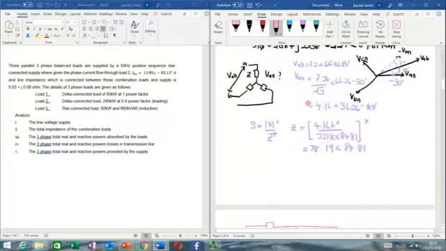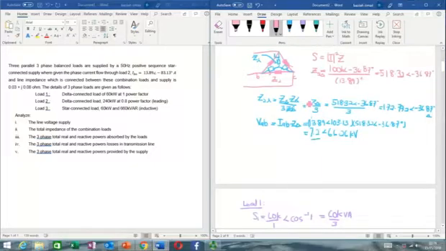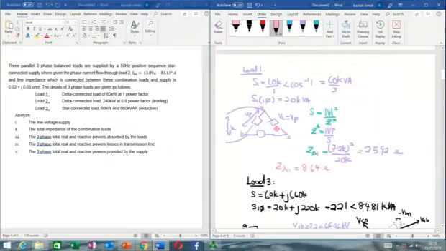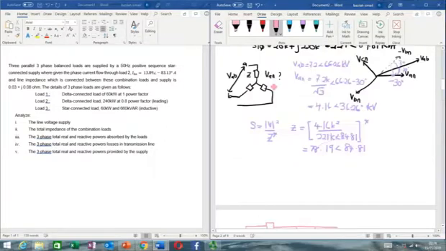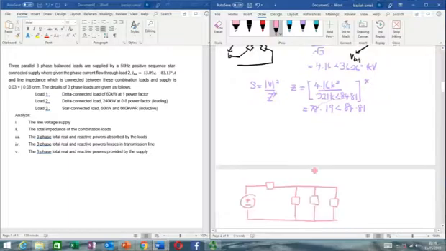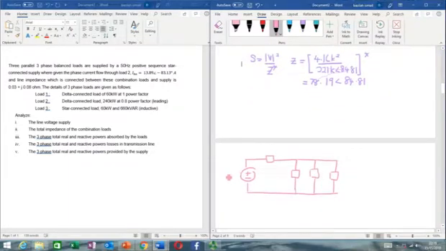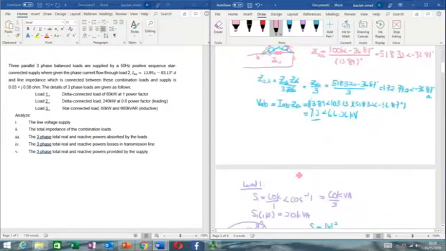Once we convert all loads from delta to star, we can directly use single phase, because for star we have a neutral line, so we can directly represent in one phase. This is VAN supply, and this is the line impedance 0.03 plus j0.08.